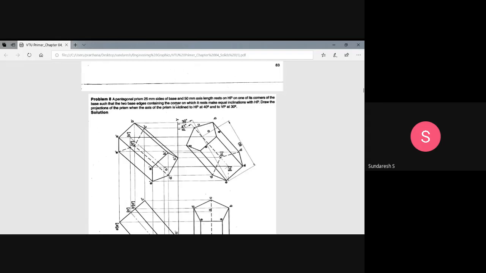So while you are resting a pentagonal lamina or pentagonal prism on HP such that the corner is on HP, you are going to start the top view by constructing the true shape and true size of the pentagon such that the corner comes to your right. The corner of the base is such that the two base edges containing that corner make equal inclinations with HP.